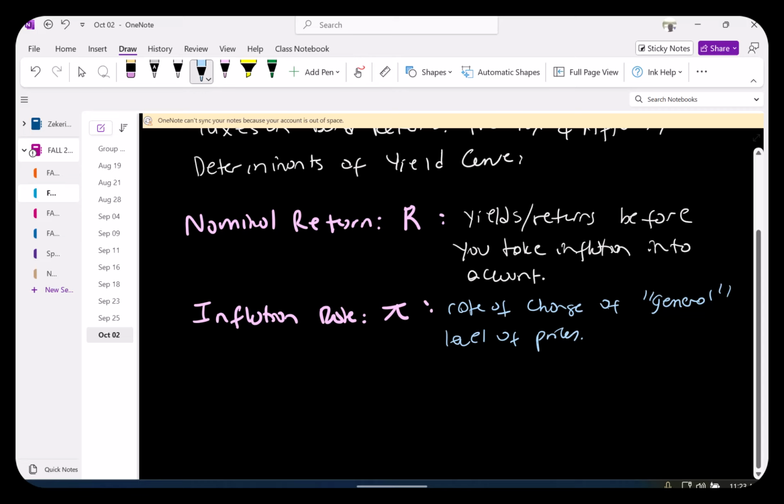I put that in scare quotes on purpose because what's general to you is different from what's general to me. In a sense, it is an index of cost of living of some sort. Typically, the most common one you would hear is the CPI inflation. CPI is short for Consumer Price Index.